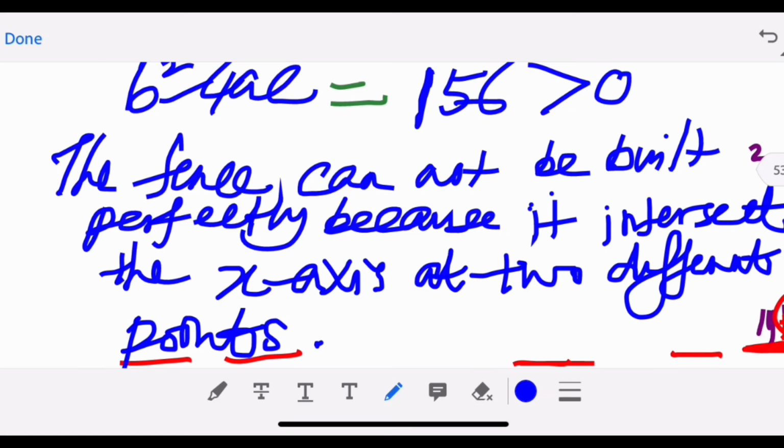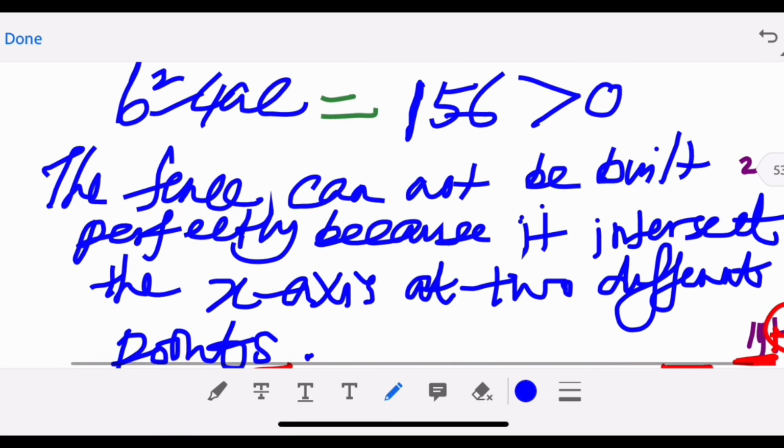So that's all my sharing about the equation of the locus touching the x-axis. The conclusion is we must let y be 0, then we use b squared minus 4ac. If b squared minus 4ac equals 0, it touches the x-axis. If it is more than 0, it intersects at two different points. If b squared minus 4ac is less than 0, it does not intersect.